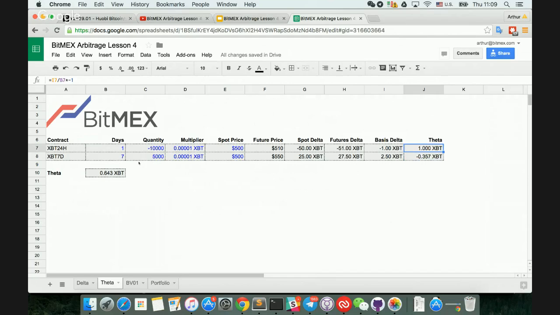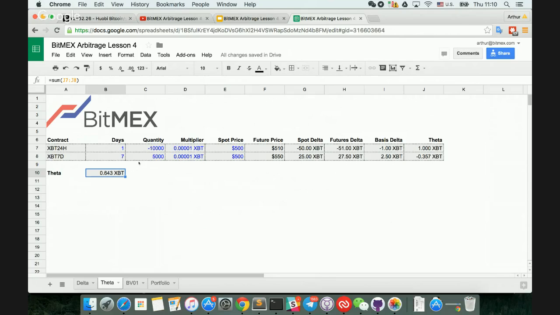That means that we will earn 1 Bitcoin just from the passage of time from selling this daily futures contract versus spot. This means we'll earn minus 0.5357, lose on a daily basis. So if you just looked at theta from a day-to-day basis, you are set to earn 0.643 Bitcoin each day.